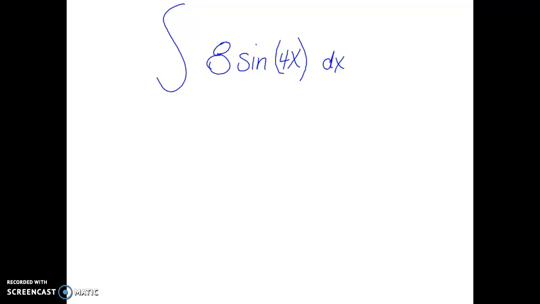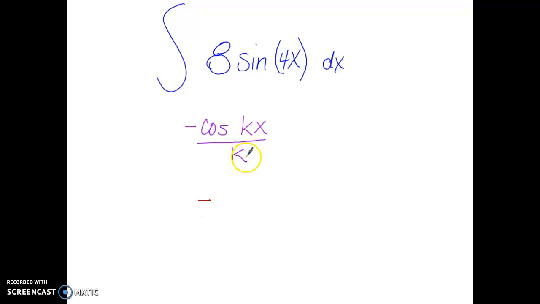We're going to look at this trig function. I have a coefficient in front of sine. I also have a coefficient in front of my x. Now my formula says when I integrate this, it has this form to it. My 4 is my k. So when I integrate this, it becomes a negative.